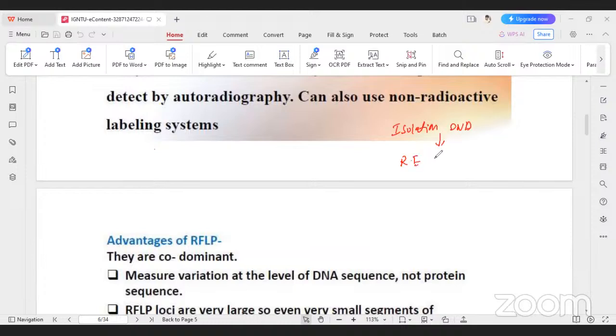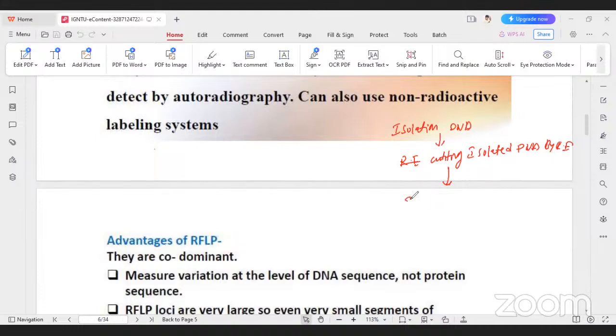With the help of the restriction endonuclease, it gives fragments, that means markers.